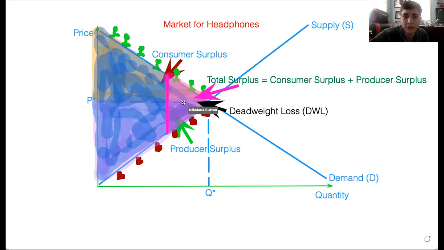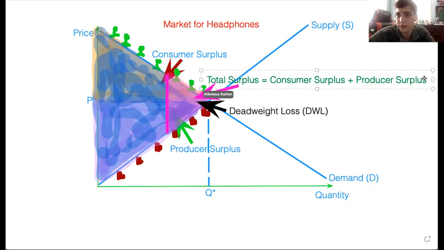These people said, I'm not going to pay any more than $250. And then you had producers that were like, mine costs $450 and I'm not willing to budge down. So that deadweight loss is just product that wasn't able to be sold, so it can't be included in the total surplus.